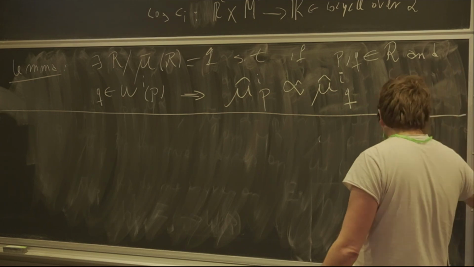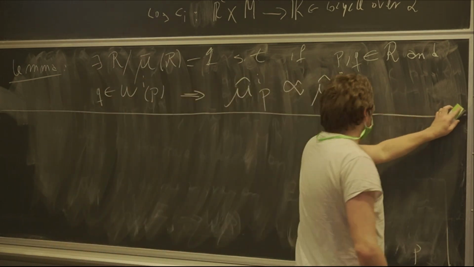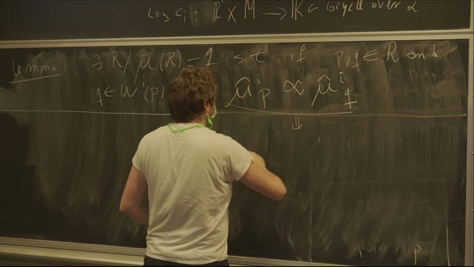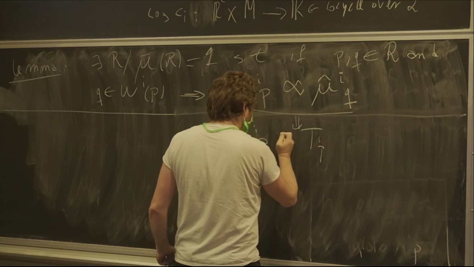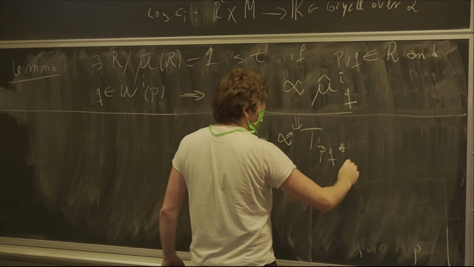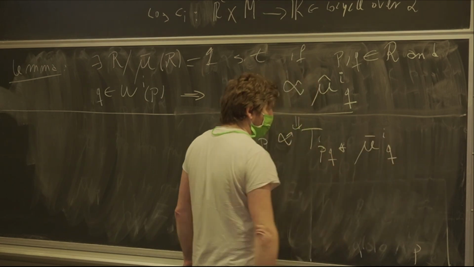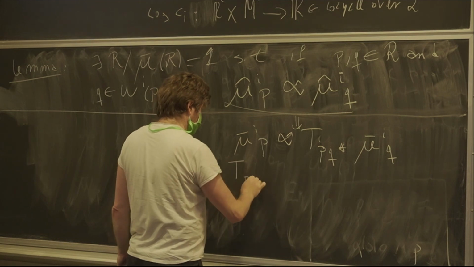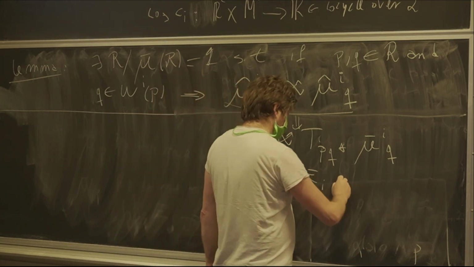So I also want the outcome of this with respect to the mu bar measures. This implies that mu bar IP is equivalent to T_PQ star mu bar IQ, where T_PQ goes from E_I to E_I, is a translation.